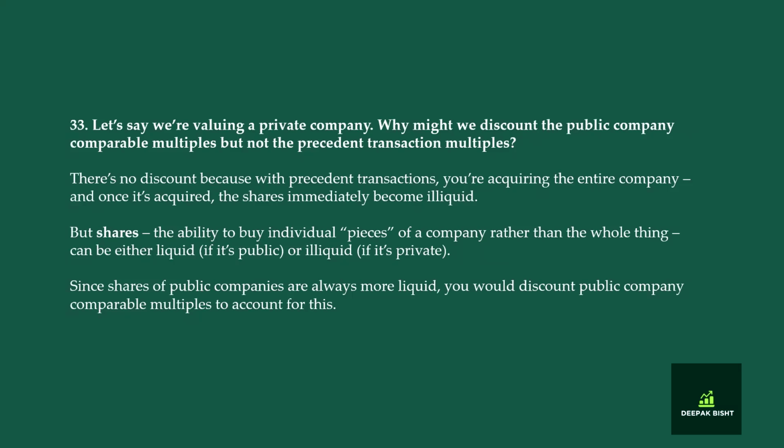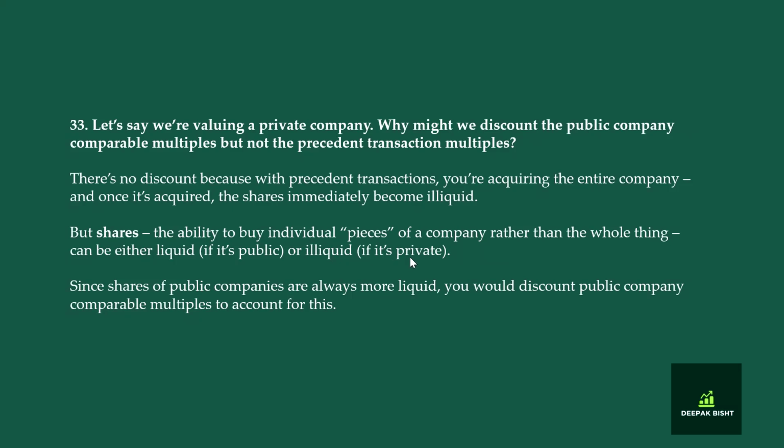And because of this illiquidity, investors demand a liquidity discount when valuing private companies, because being unable to sell shares freely is a real disadvantage. So when using a public company multiple, you often apply a discount to reflect the lower liquidity of the private company. And in precedent transactions, you are looking at the actual acquisition deals where a buyer purchases the entire company.